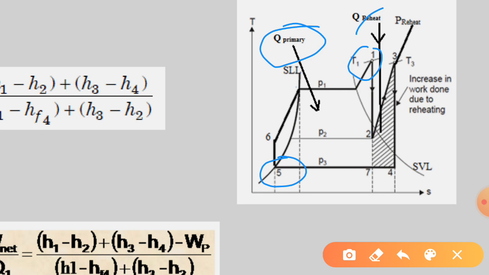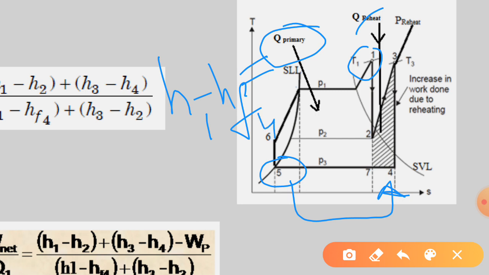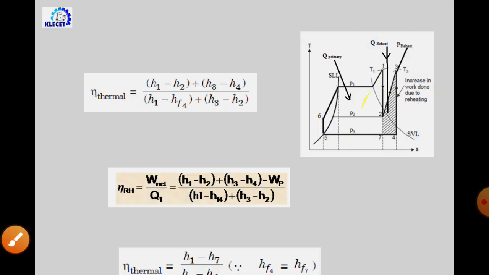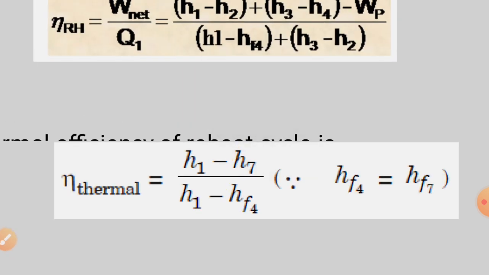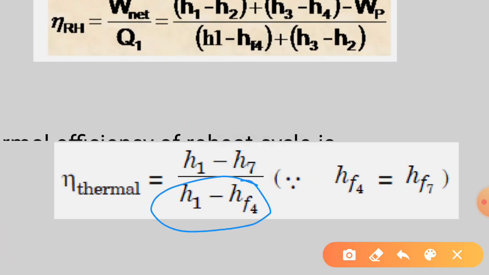So when pump work is neglected, HF5 is equal to HF4. So the final expression for Q primary, I can write it as H1 minus HF4. HF5 and HF4 both are same. So this is what we have written in the denominator here, that is H1 minus HF4.